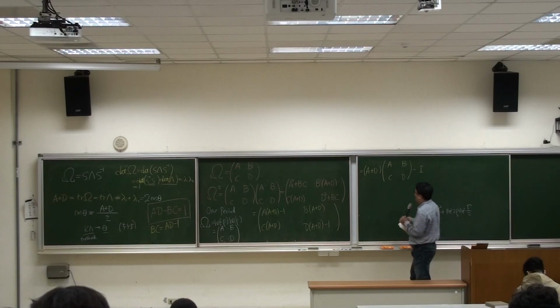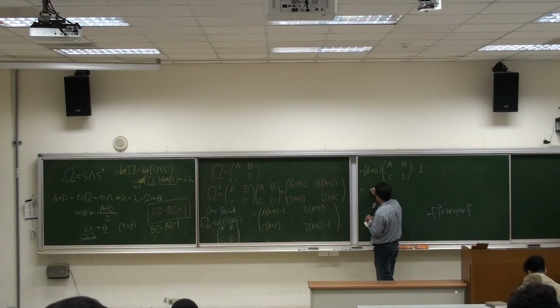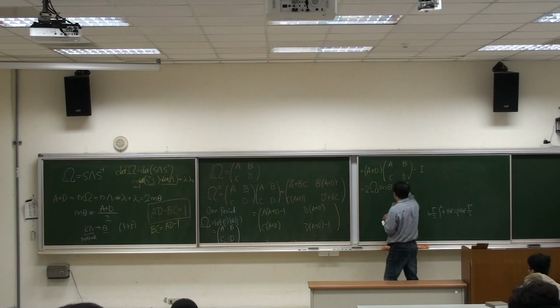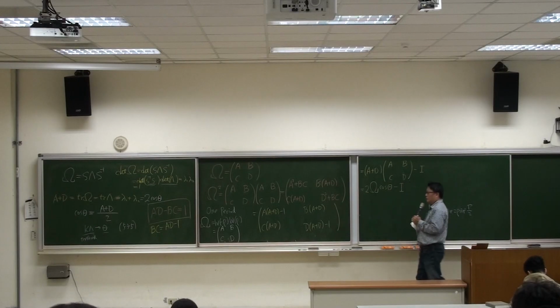Okay, and this is just equal to 2 capital omega cosine theta minus unit matrix.